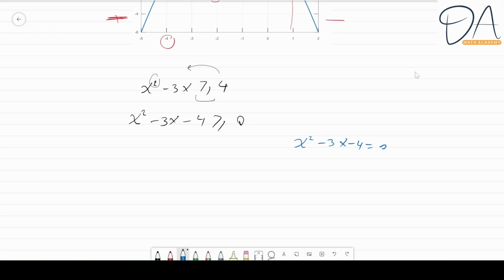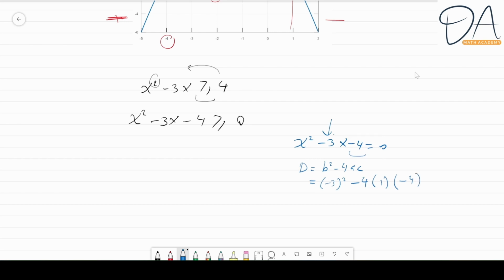In this case, I'm going to use the quadratic formula to solve it. So let's first check how many roots we have. We know that we can use the discriminant to figure out how many roots it will have. The discriminant is b squared minus 4ac. b is the x term coefficient, so minus 3 squared, minus 4 times a, the coefficient of x squared, which is 1, and c is the constant, which is minus 4.